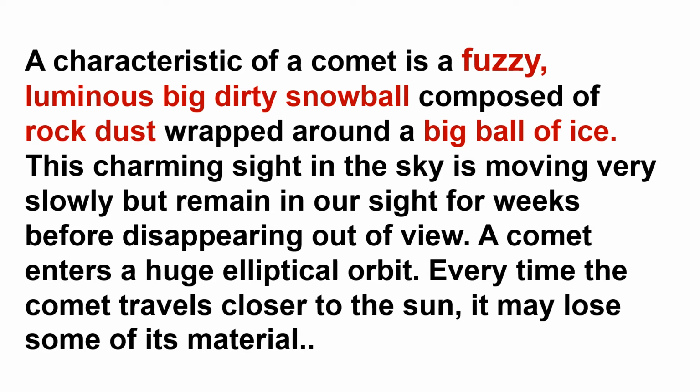Why will it lose some of its material? As you all know, when a comet travels closer to the sun, it will slowly melt, because comets are made up of a dirty snowball and a big ball of ice.